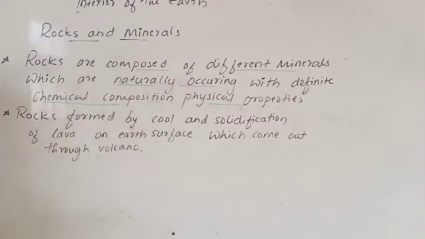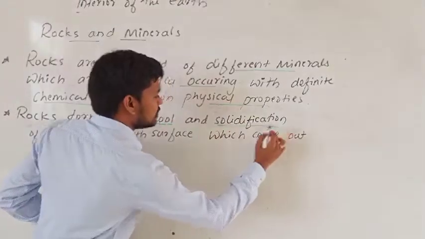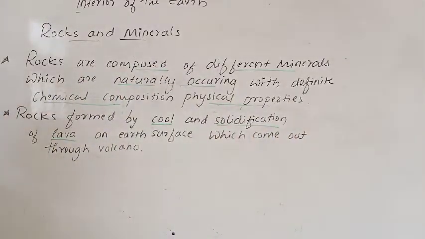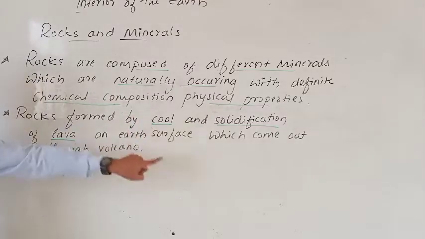Inside, it's called magma. When it comes out of the Earth's surface, it's called lava. Now when the lava cools and solidifies, you get a rock. When it meets high temperature, low temperature, air and water, it cools and solidifies, and then we get a rock.